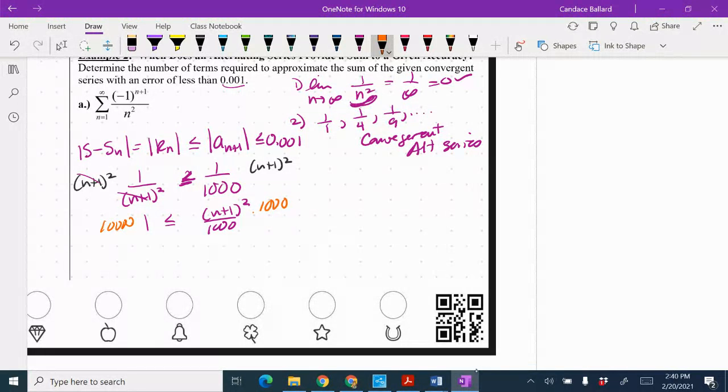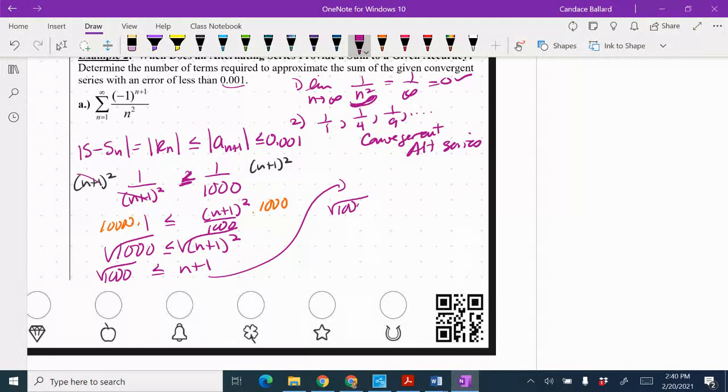So that gives me 1000 less than or equal to n plus 1 squared. I'm going to take the square root of both sides, and I only take the principal square root in this case, less than or equal to n plus 1. Then I'm going to go ahead and subtract the 1 from the other side. So I've got the square root of 1000 minus 1 is less than or equal to n.